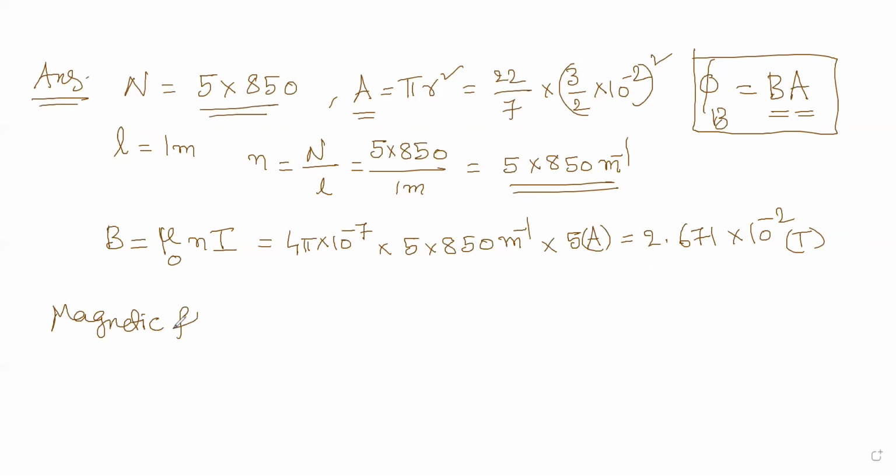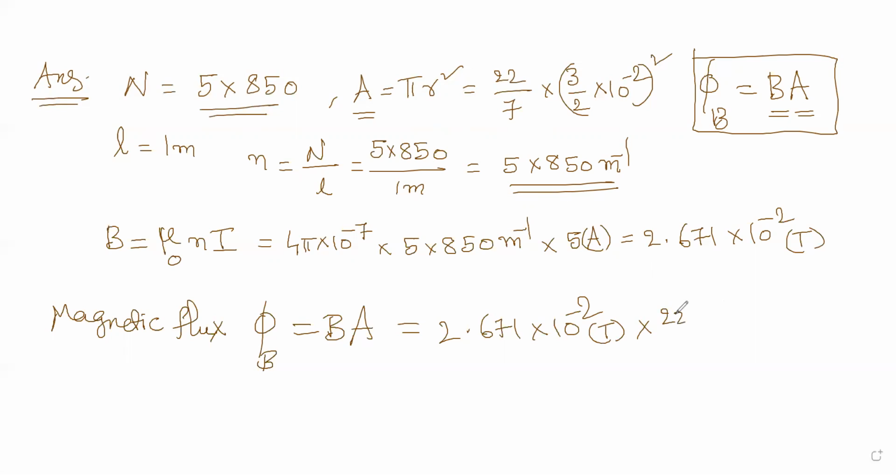Magnetic flux is B times A. So the B value, that is 2.671 into 10 to the power of minus 2 Tesla, times the area, which is 22 by 7 into 3 by 2 into 10 to the power of minus 2 whole square, is what you get.